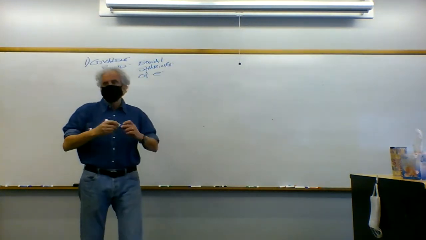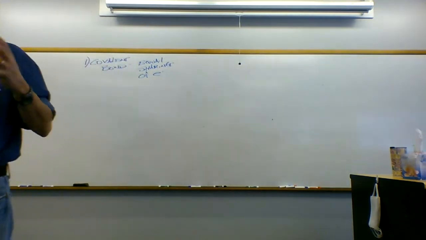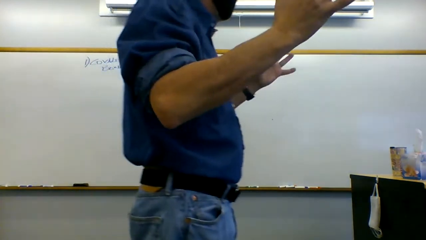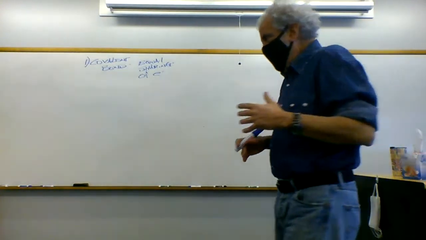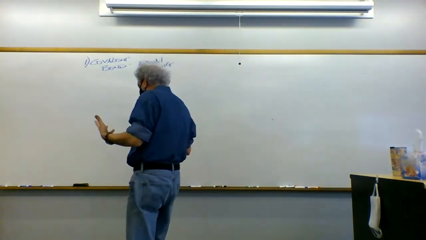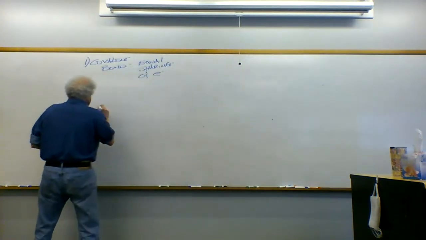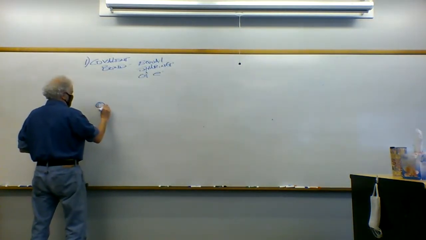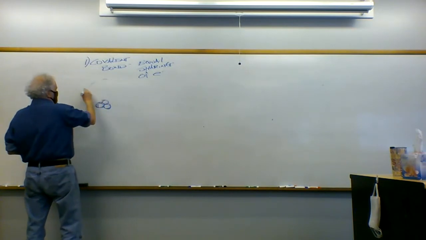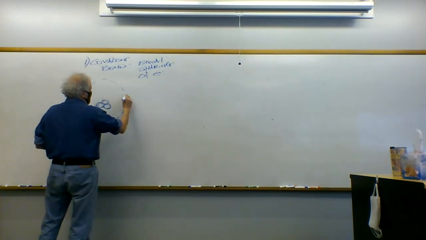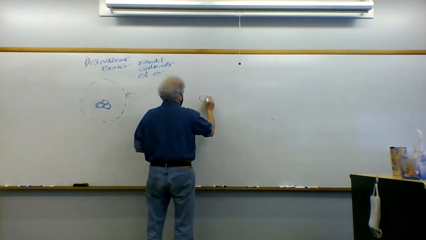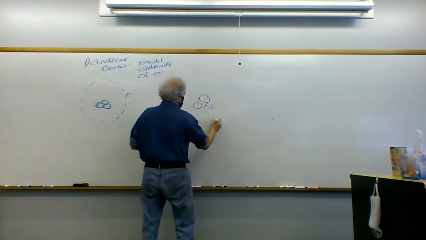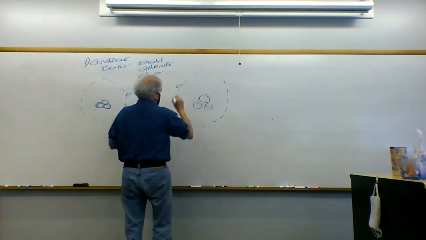We have to get two atoms pretty close together in order to make a covalent bond. I think of it like this: an atomic nucleus with the protons and neutrons and whatever, and the electron orbiting around. And then here is the other, with its electron orbiting around.